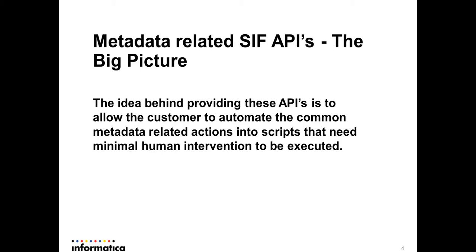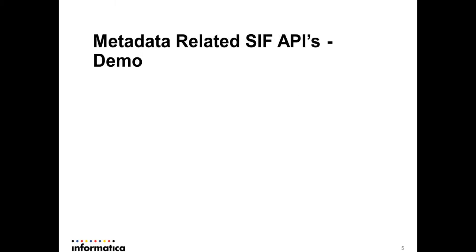Then you apply it in gold, compare your gold and your prod, and apply the changes to the prod environment. The whole idea is that you automate this process via your own scripts using the APIs provided by MDM. So let's get into a quick demo now on the SIF APIs.